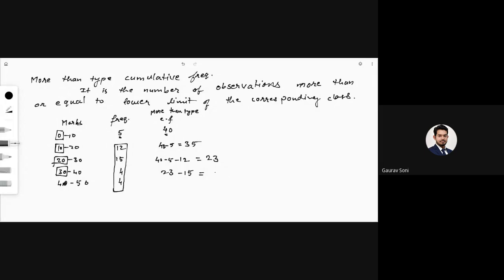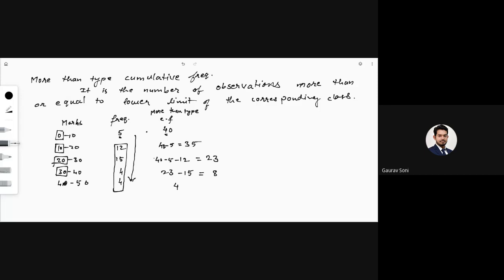So that is 8. And the last one is 4. So in less than cumulative frequency, you go on adding, and for more than cumulative frequency, you keep subtracting. Okay, that is the idea.